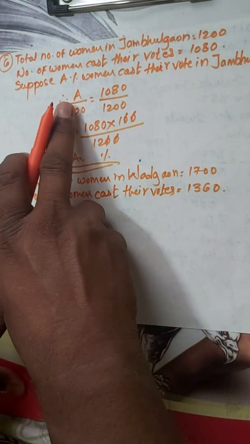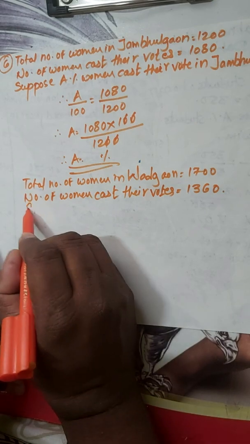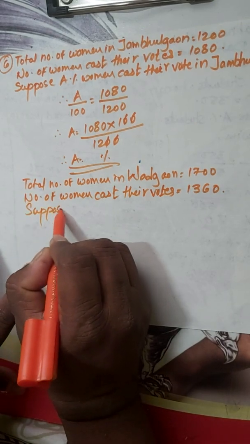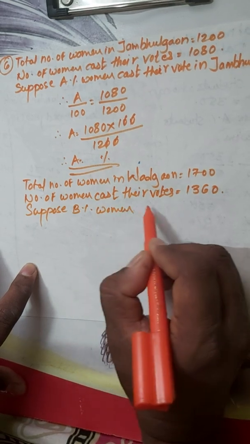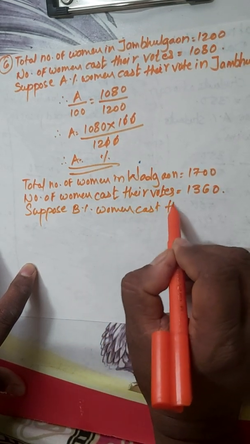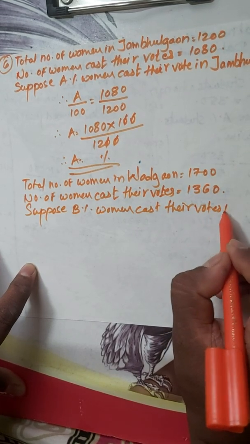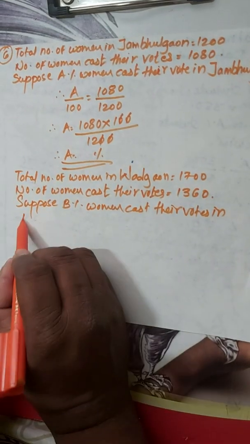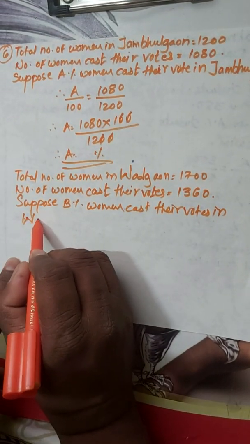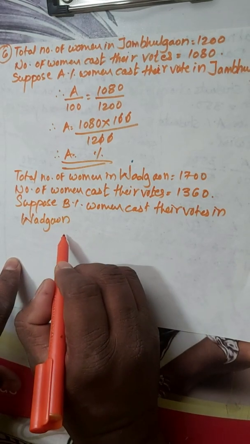Here we assumed alphabet A, here we assume another alphabet B. So suppose B% of women cast their vote in Vadgaon.